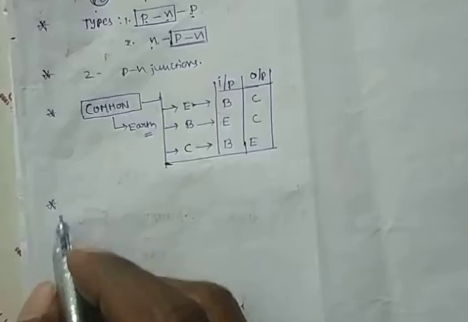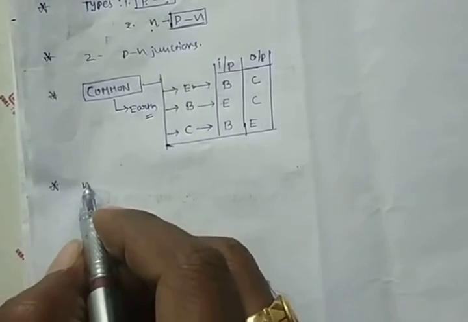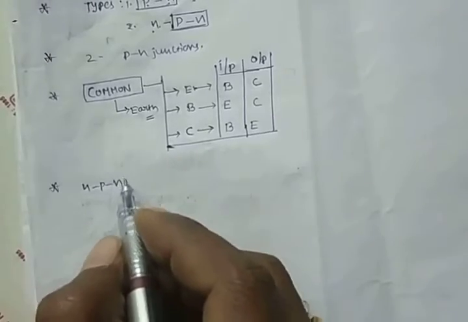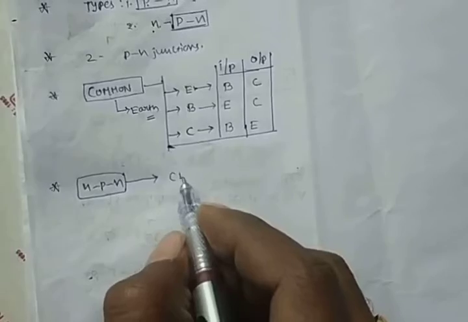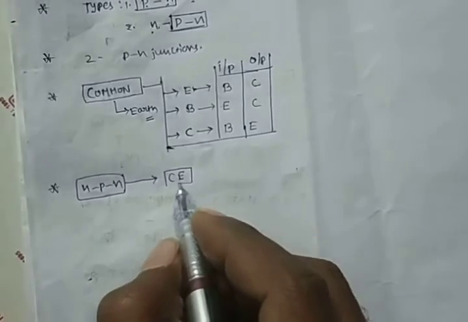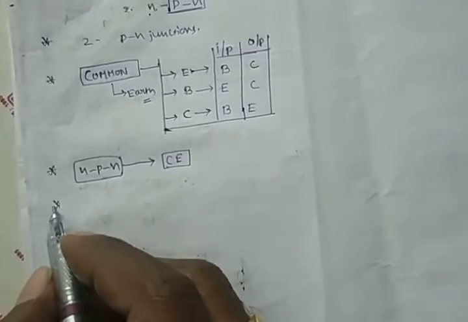Okay. Next. So which one is preferred? NPN transistor in common emitter configuration is preferred. Okay. Preferred.